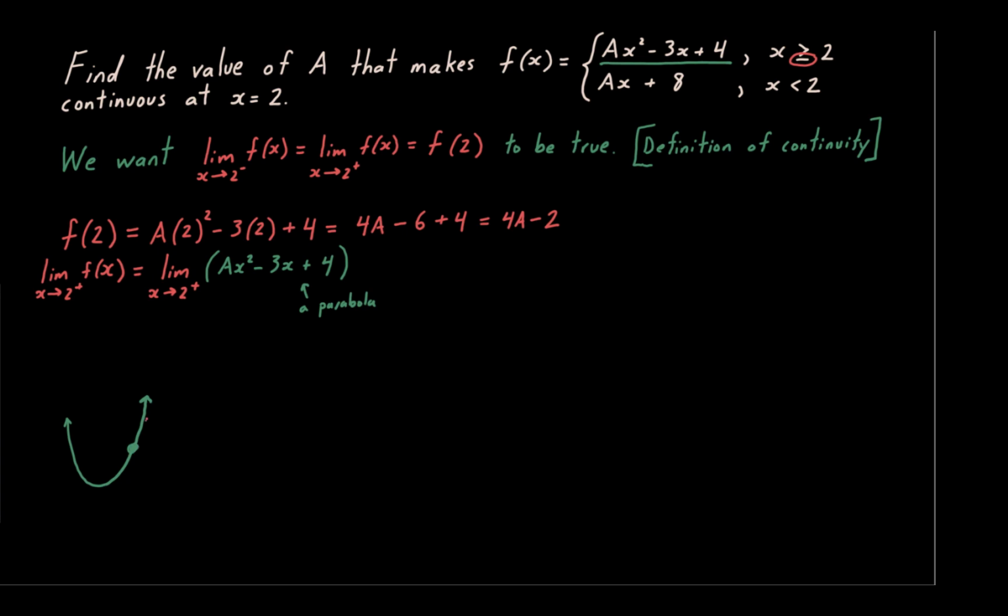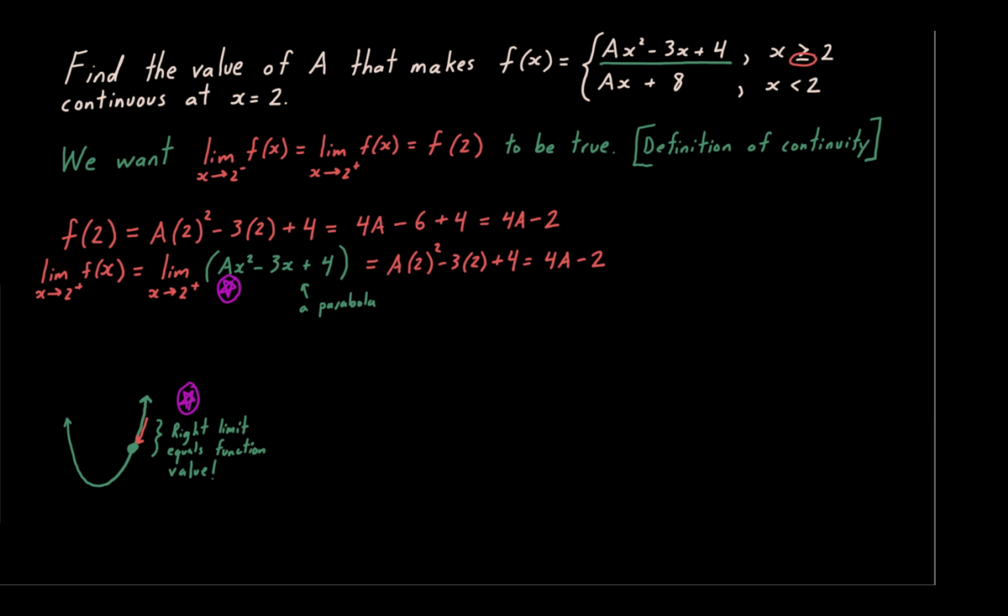And for parabolas, for any point you pick on them, the right limit value will always equal the function value. Parabola is nice and continuous. So this, starred in purple, must equal a times 2 squared minus 6 plus 4, which is also 4a minus 2.